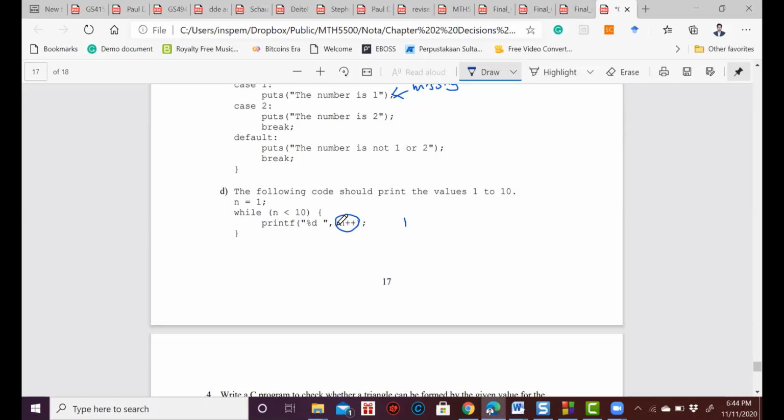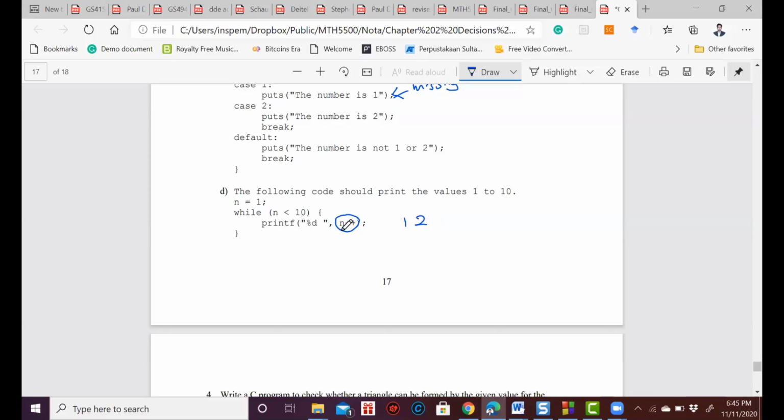So printf n plus plus. 2 plus plus is 2, postfix. So n plus plus still remains 2, but the n value, so need to be careful, is 3.